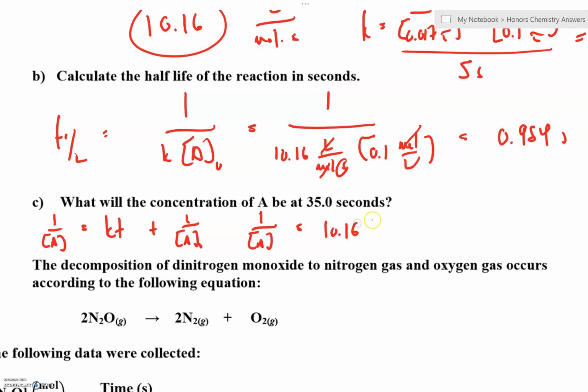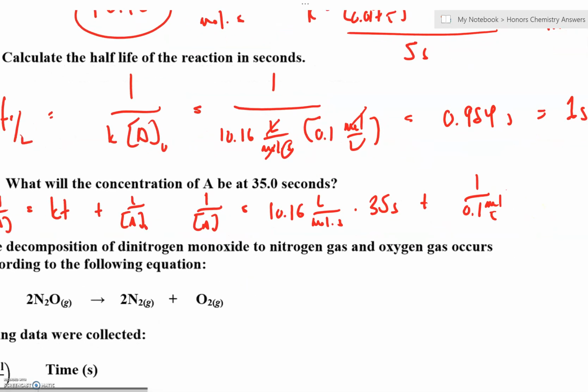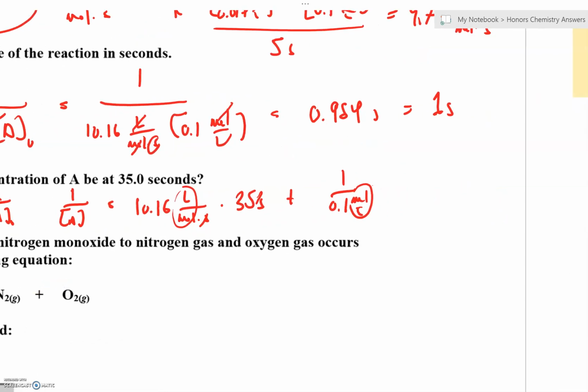I'm going to stick with this one, 10.16. The units are, of course, liters over moles seconds, times 35 seconds plus the inverse of the concentration at time 0. Okay? Now when you do this, seconds is going to cancel out. You have liters over moles in this one, moles over liters in the denominator, which are going to invert. You'll see what I'm talking about in a little bit.